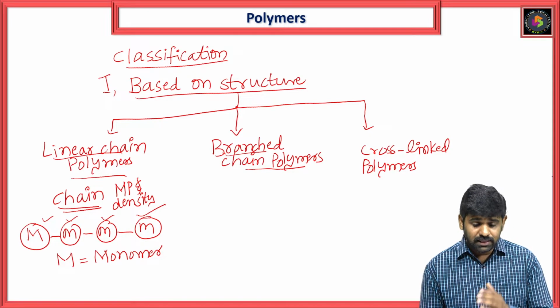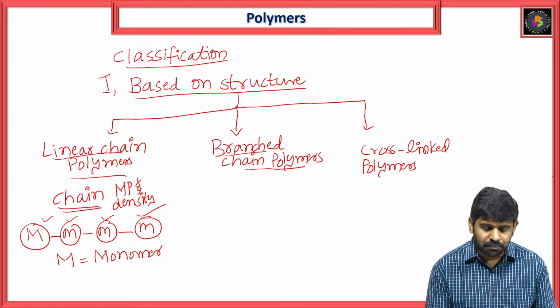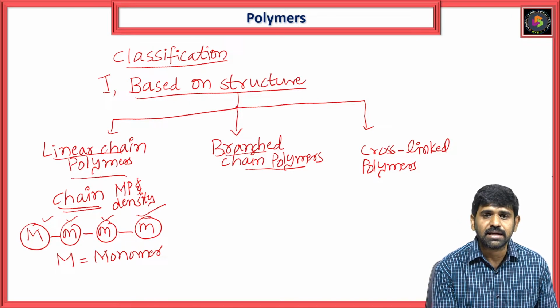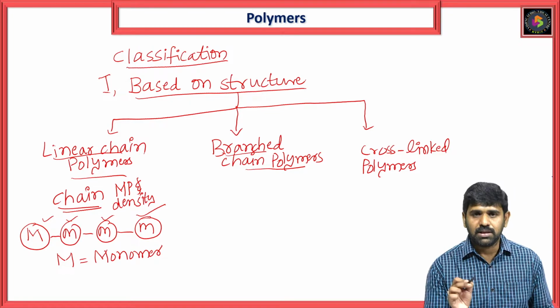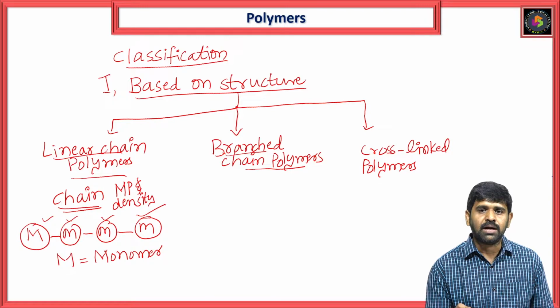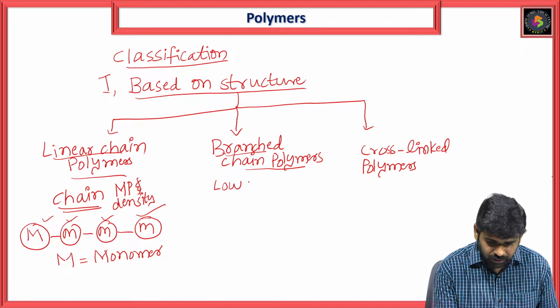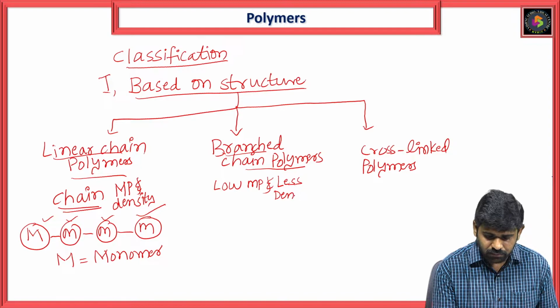Hence, these polymers are less tightly packed in comparison to linear chain polymers, and they possess low melting point and less density.